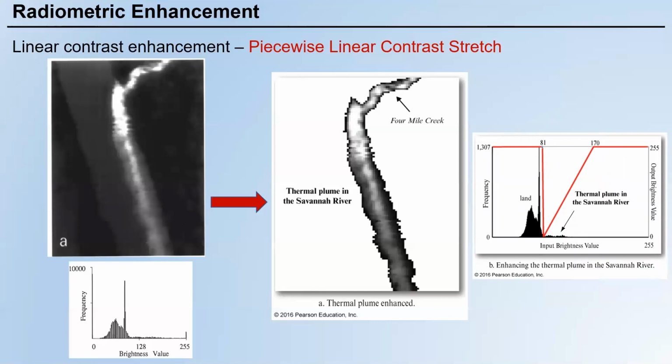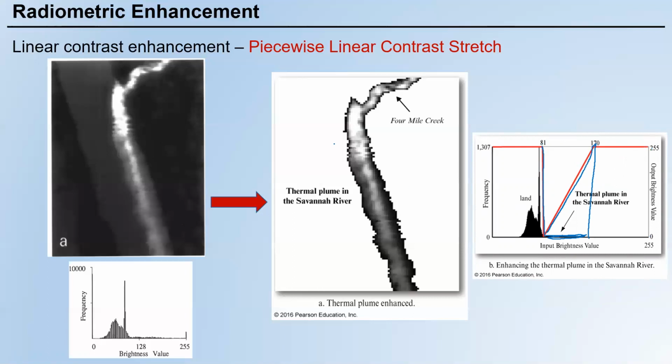For the 4 Mile Creek River, this is the input range from 81 to 170. What is the output range? The output range is from 0 to 255. Because this linear function is right here.